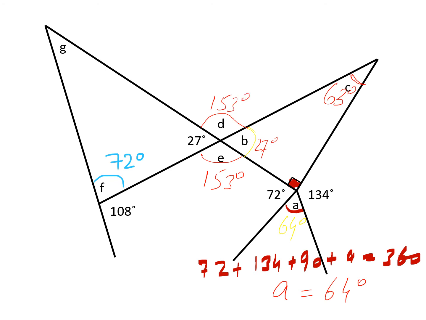Now from here, to find the value of f, since again there is a straight line, angle at a straight line is 180 minus 108, so how much is this? 72 degrees.